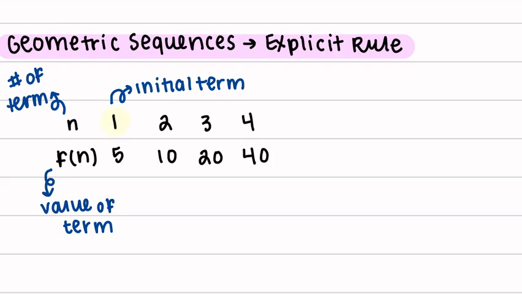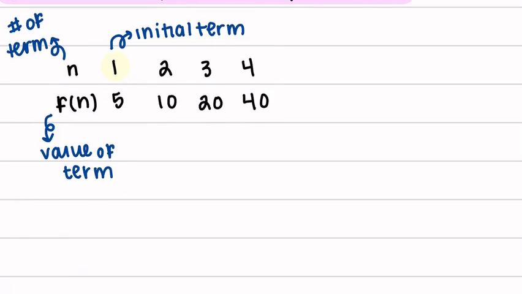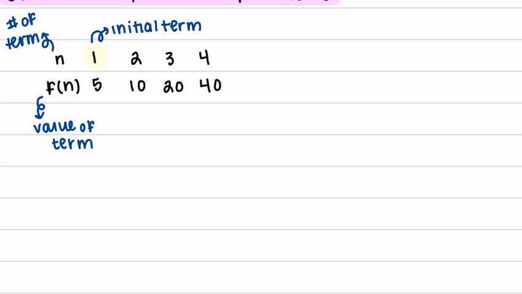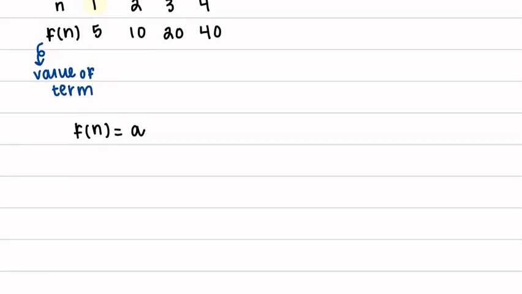Our initial term is 1. So in this case, in order to write the explicit rule, I would have f of n, which we said was the value of the term, is equal to A. A is going to be the initial term value.